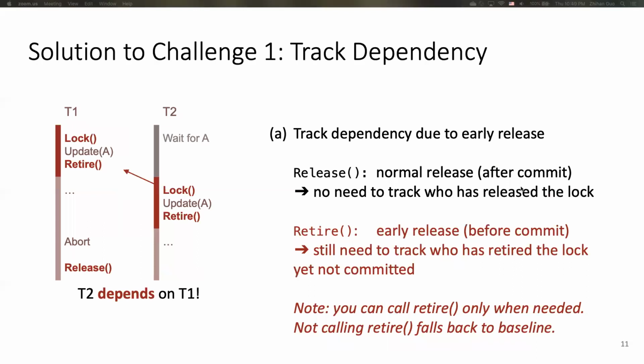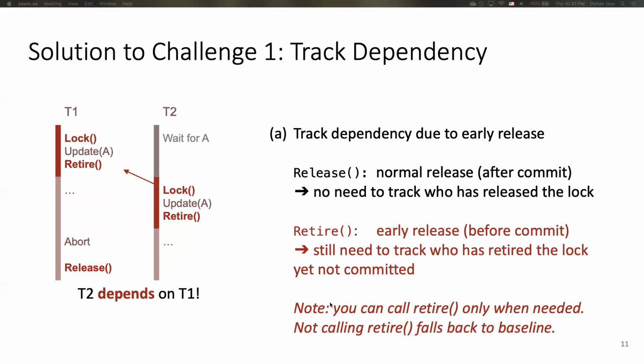Here, to differentiate a release and an early release before commit, we introduce the notion called retire. In the normal case, where we release the lock after commit, we can completely forget anything about the transaction. In cases where we want to release the lock earlier, we still need to keep track of who has not committed yet. We issue retire instead of release.